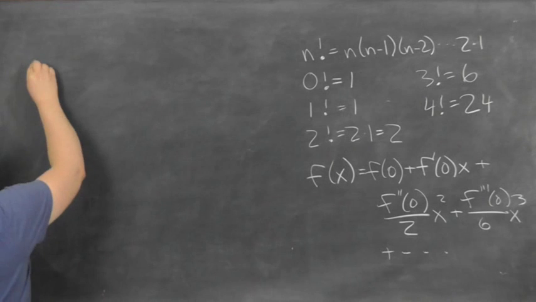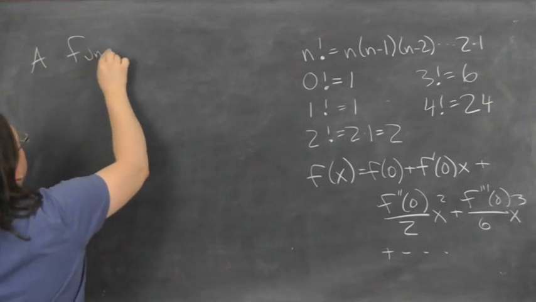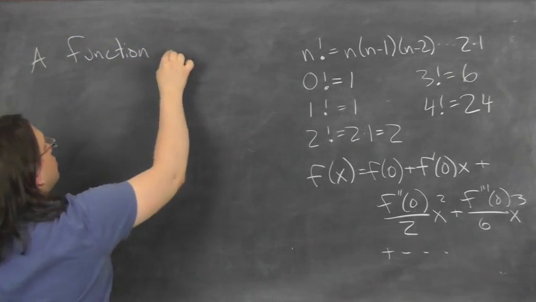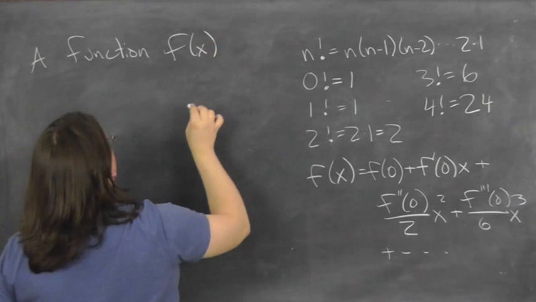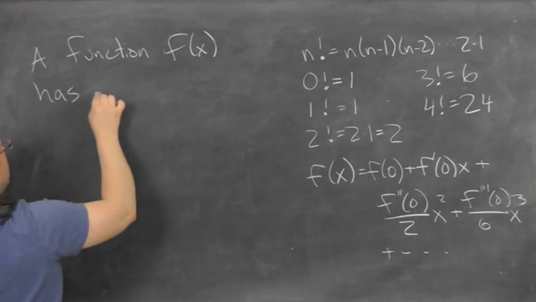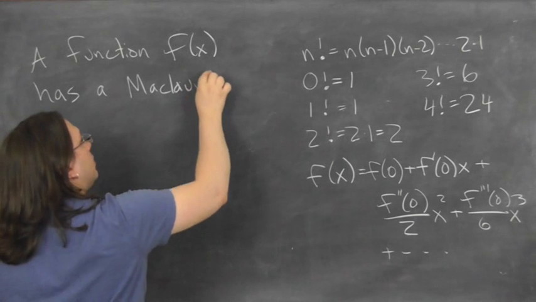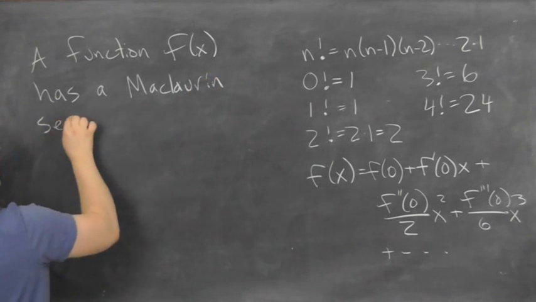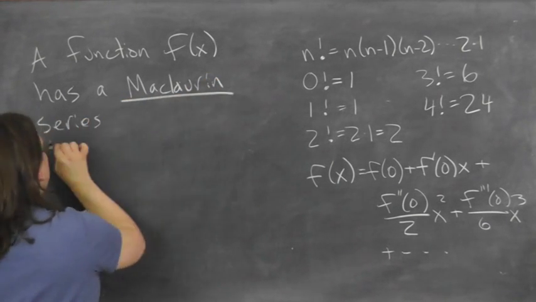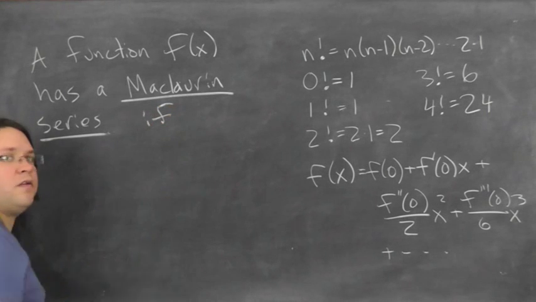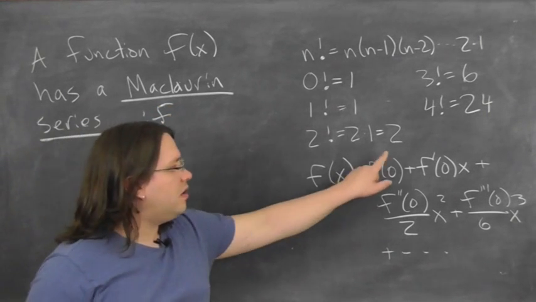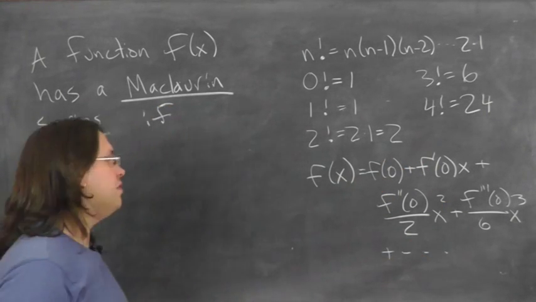So we say that a function f of x has a Maclaurin series if we can write f of x as a sum of this form.